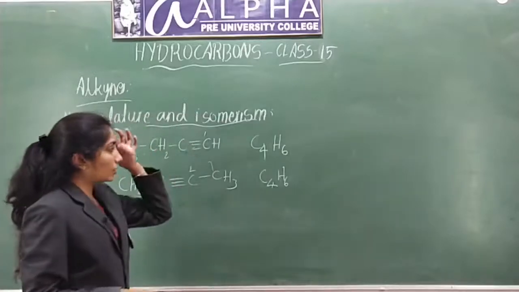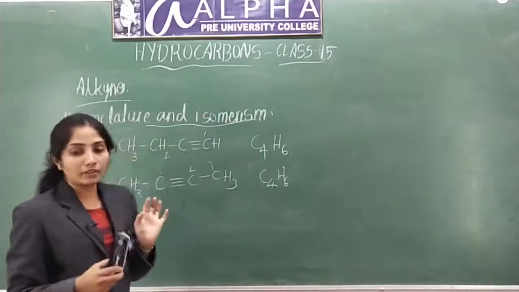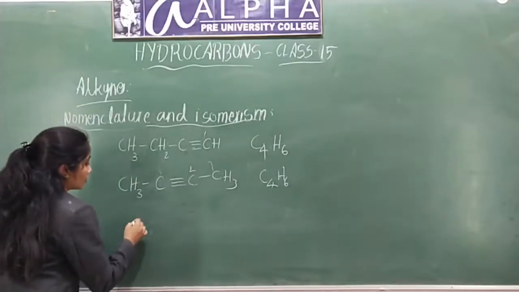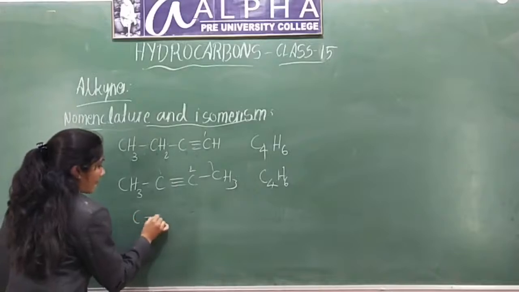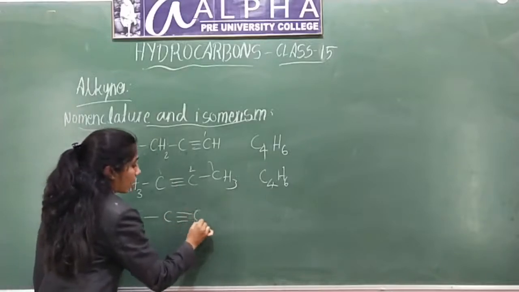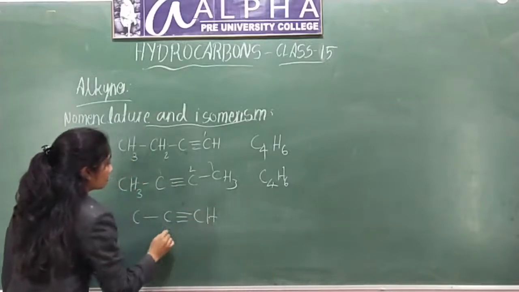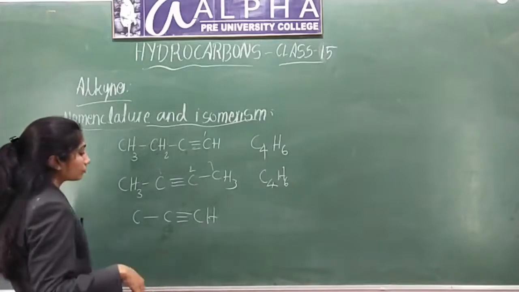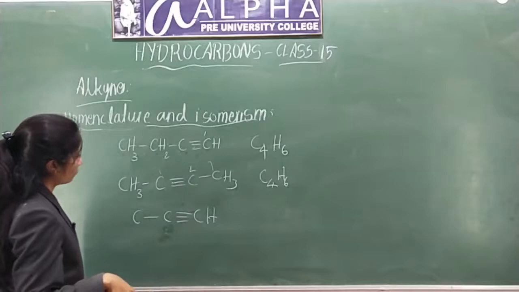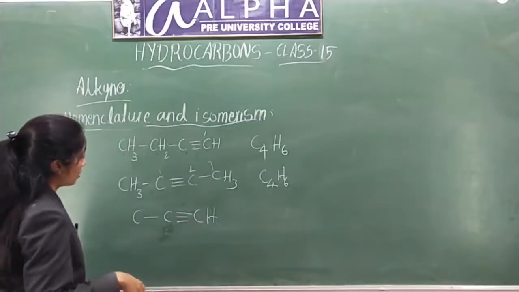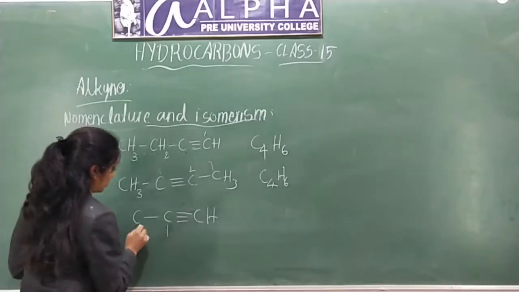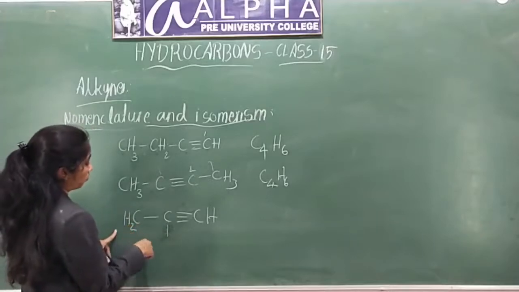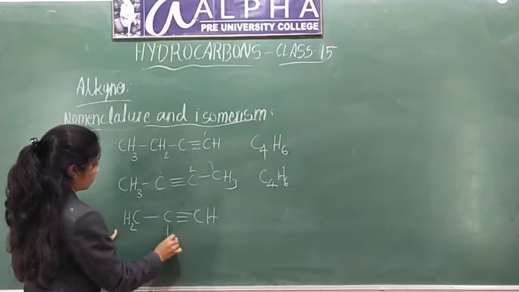If I take pentyne, or if I write one more structure for butyne only, it is like this: CH, CH2, CH3.